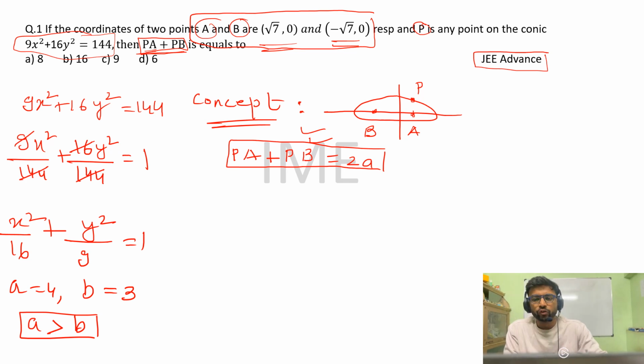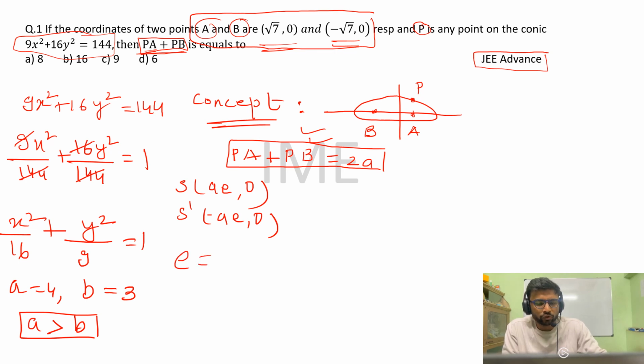So we will just find the two foci of the given ellipse. As we know, the coordinates of foci are ae comma 0 and S dash is minus ae comma 0. We have to find just the value of ae, in which we have a equal to 4.